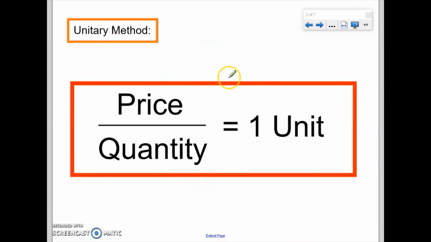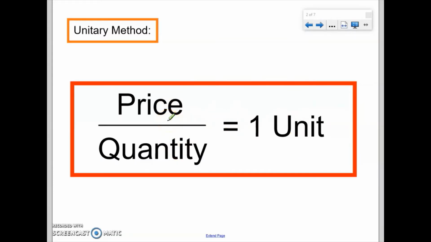What we're going to do is we're going to apply this equation. Whatever the items in the question are, we're going to take the price of the item and we're going to divide it by the quantity to find the price of 1 unit. So for example, it might be price divided by milliliters to find the price of 1 milliliter. It might be price divided by grams to find the price of 1 gram.